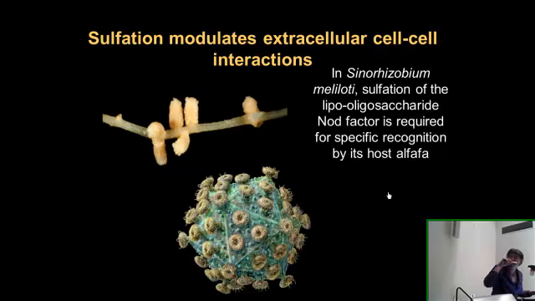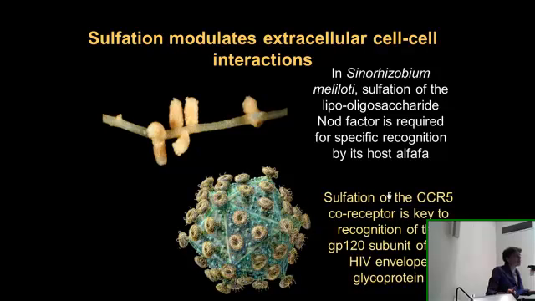This is also very interesting. You start looking in the literature. It turns out that the CCR5 co-receptor is key to recognition of the gp120 subunit of the HIV envelope glycoprotein. Now, when this CCR5 is absent, HIV can no longer bind, and in fact, that small segment of the human population that lacks CCR5 are immune to HIV.